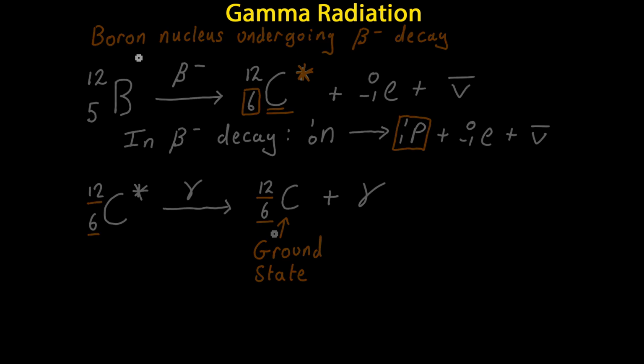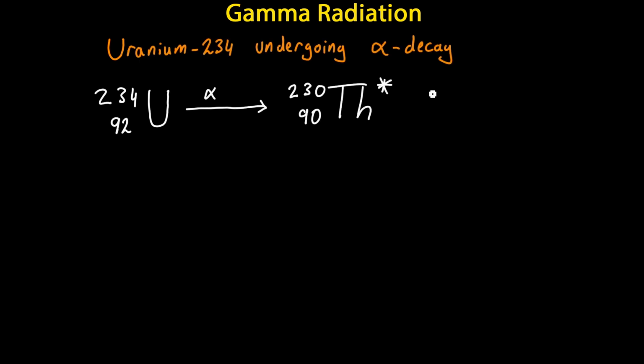Gamma radiation can also be emitted after an element undergoes alpha radiation. So we looked at this nuclear equation in our alpha decay video, where we've got uranium-234 undergoing alpha decay. So it spits out a helium nucleus, the proton number reduces by 2, and the nucleon number or the mass number decreases by 4, and that gives us a thorium nucleus.